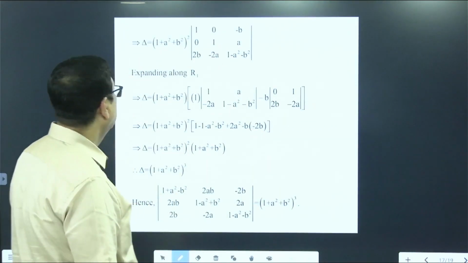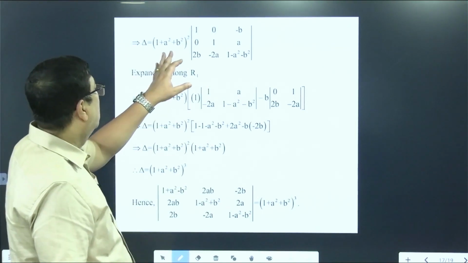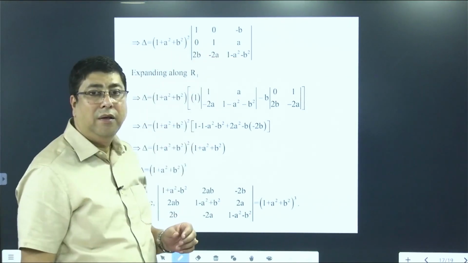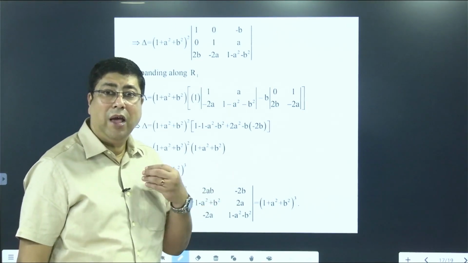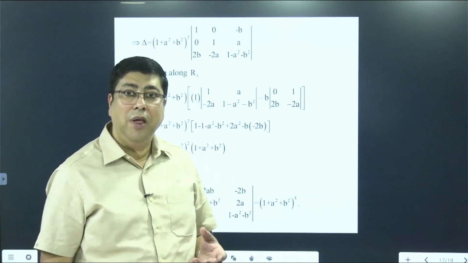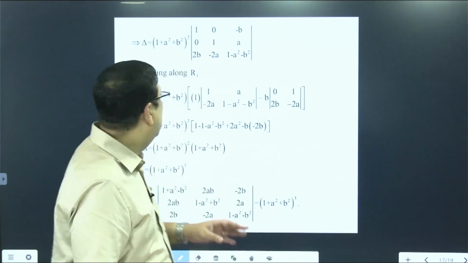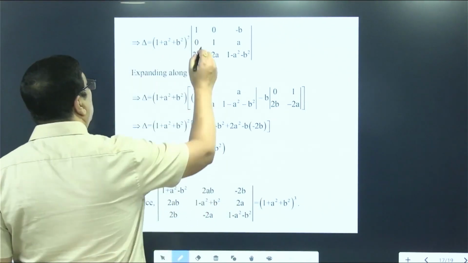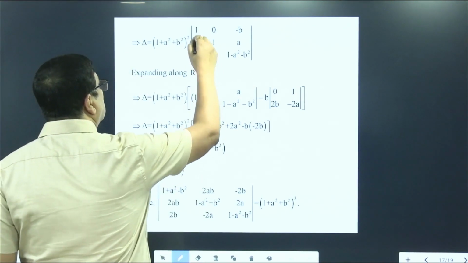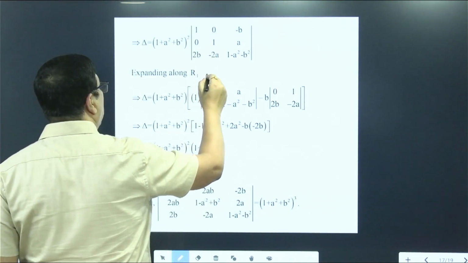This is the thing. Now let us expand. Further calculation is possible, but better let us expand. Whenever we cannot understand what to be done, no symmetry, let us expand. We can expand through R1, or we can expand through C1 also. Okay, let us expand through R1.